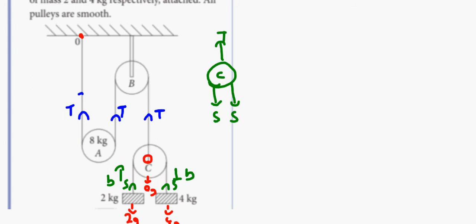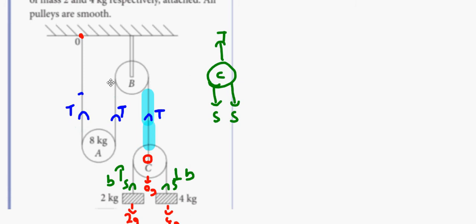What I need to make really clear is, if pulley A gives up this much rope, see this much rope? Let's do them separately. If pulley A gives up this much rope on both sides, so it has to be the same length, pulley C will go down by this much rope.